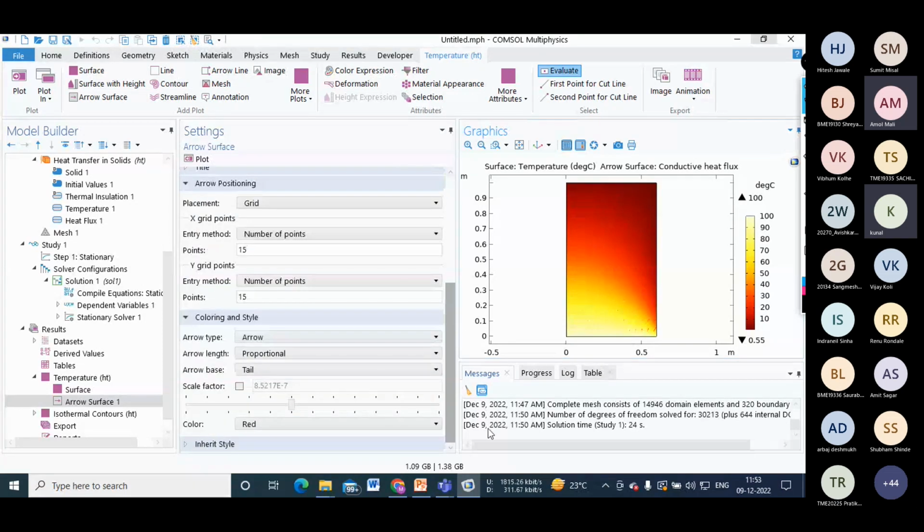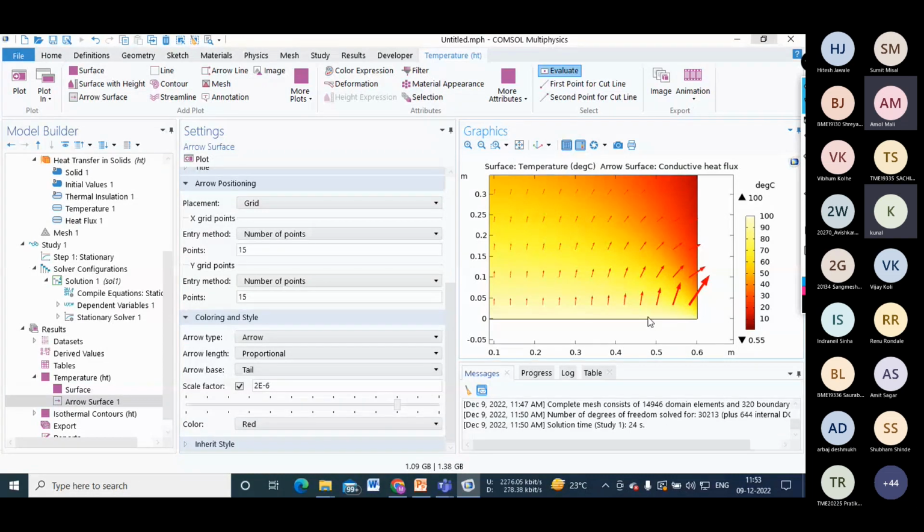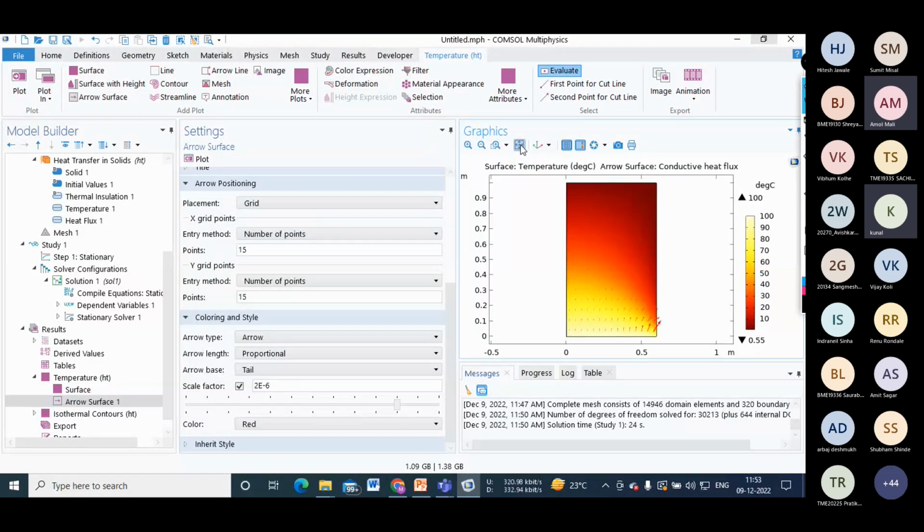Okay, so if you want to increase the size of that arrow, you can increase the size of arrows. Here look, you increased the size of arrows. So your heat is flowing from where to where? Bottom to top, or bottom to top and right hand side, because at that section you have provided the 0 degree centigrade temperature.